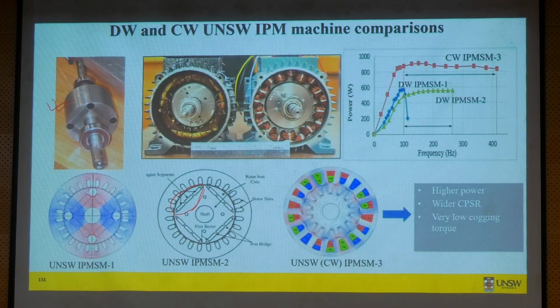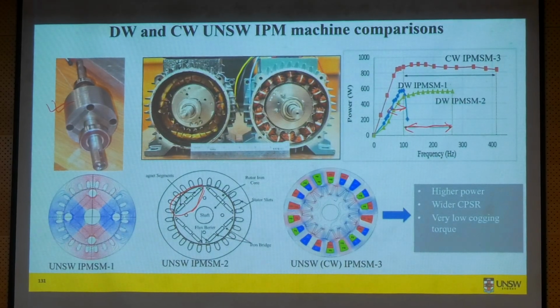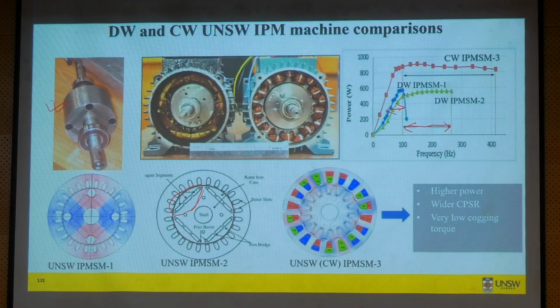We were able to extend the constant power speed range for the same stator, everything the same, only changing the rotor. Initially it was here, and by this design it was extended up to there. Okay. And then when we use the concentrated winding and a V-shape, that CPSR was increased even further for a similar power rating.